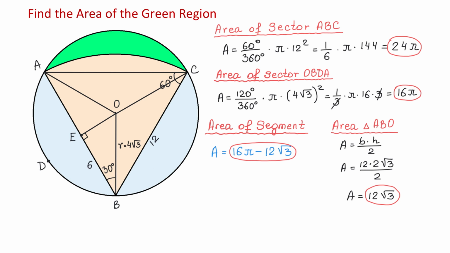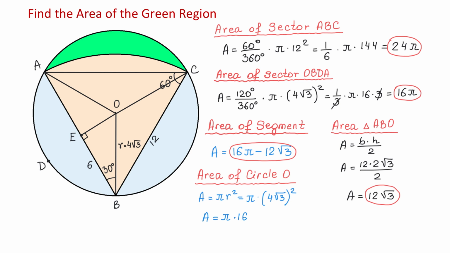Now in the next step, we will find the area of the entire circle. The formula for the area of the circle is pi r squared, and the radius is 4 square root of 3. Then A equals pi times 16 times 3, which makes 48 pi.